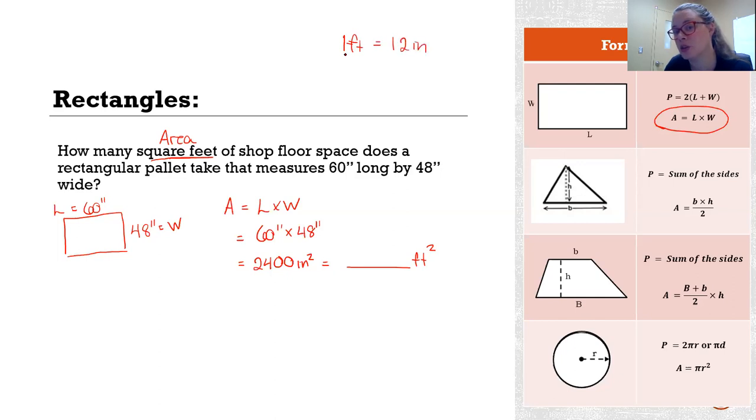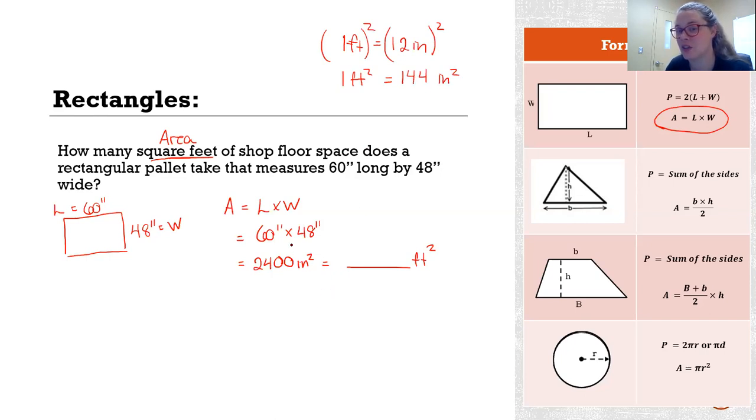But you'll notice there's not a square on this foot and there's not a square on these inches. So let's square it. Whatever you do to one side, you do to the other. It keeps it balanced. So 1 squared is 1. So 1 square foot is equal to 12 squared, which is 144.